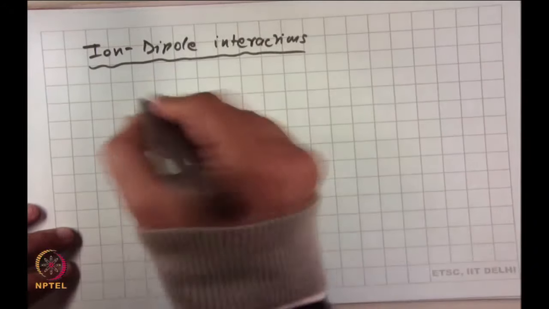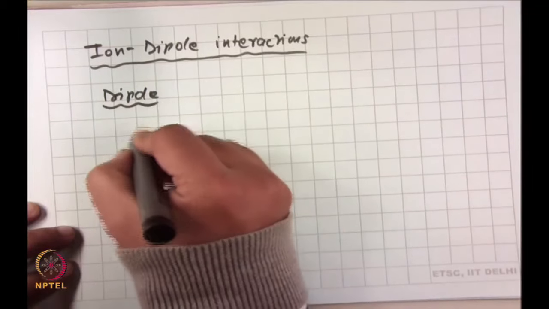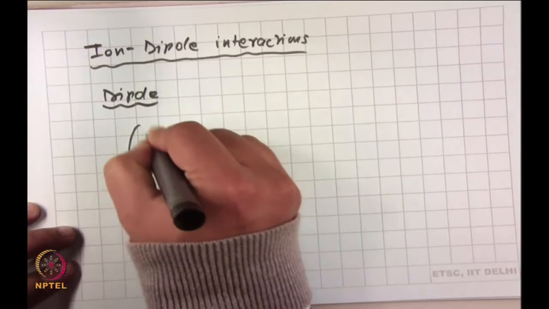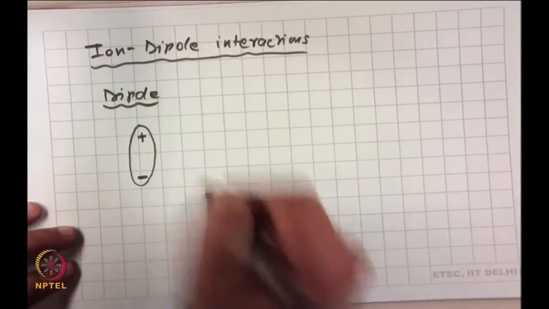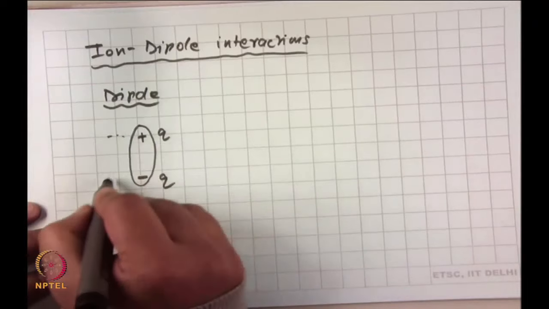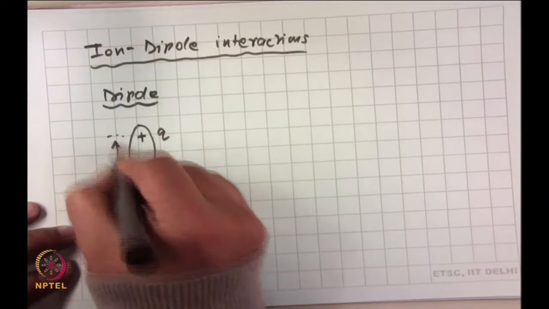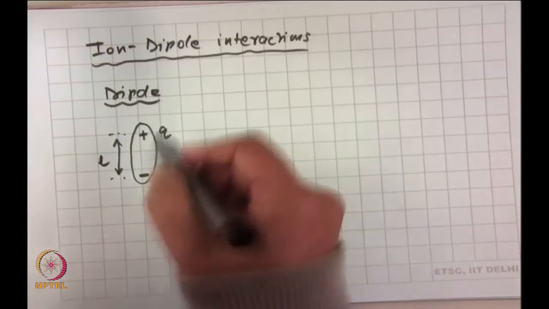So, suppose I have something like this, there is a positive charge, there is a negative charge, right. So, this is plus q, this is minus q, and say the length is L. So, this is a typical dipole, right.